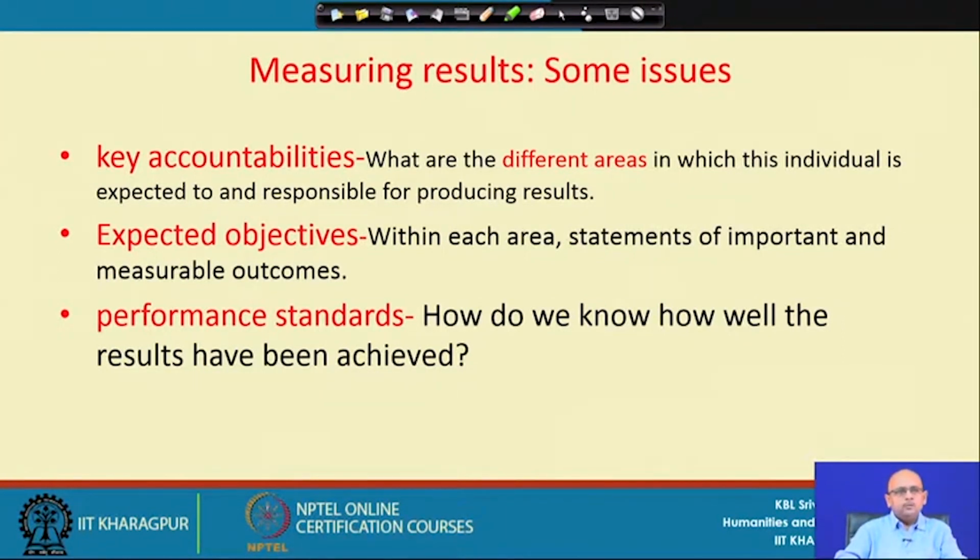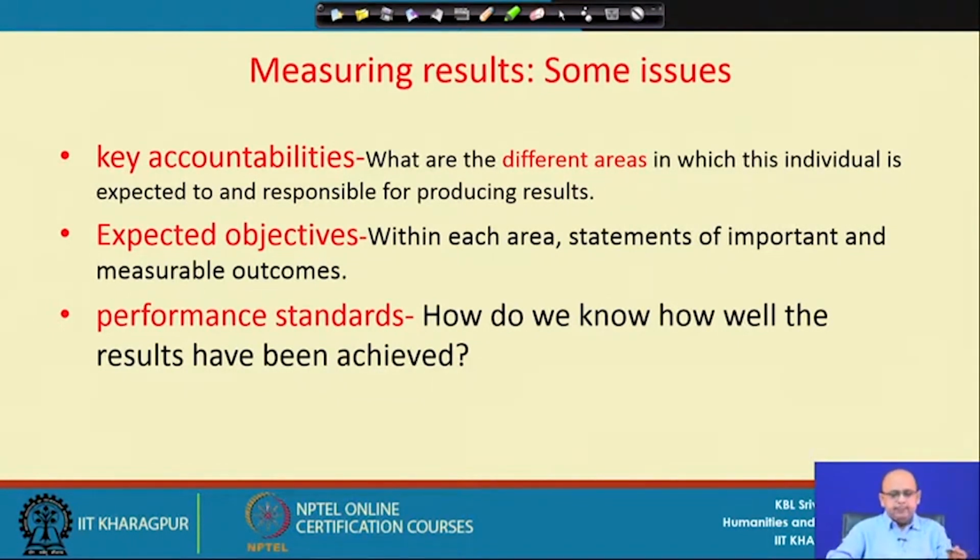At the first stage, you identify the different areas, what you know as key accountability areas, key performance areas or key result areas. Then in each area, you try to find out what specific objectives you have, and for each area you also identify the kind of standards that you want to achieve.